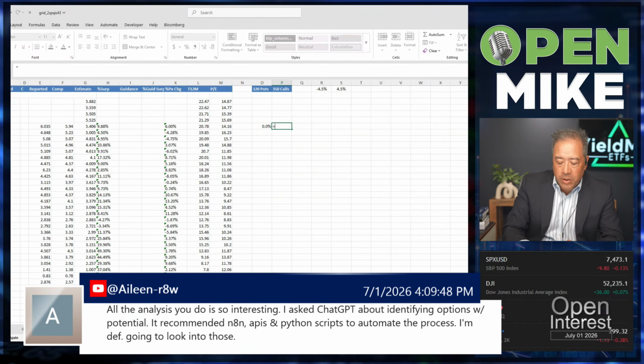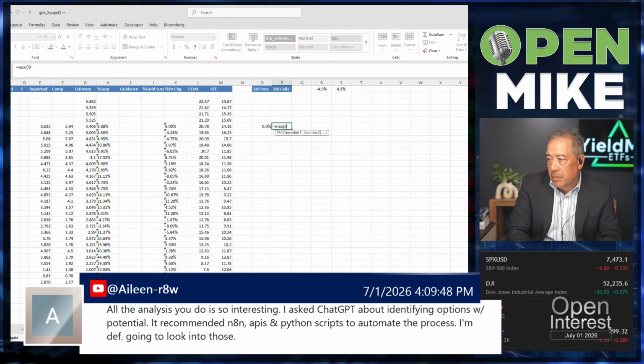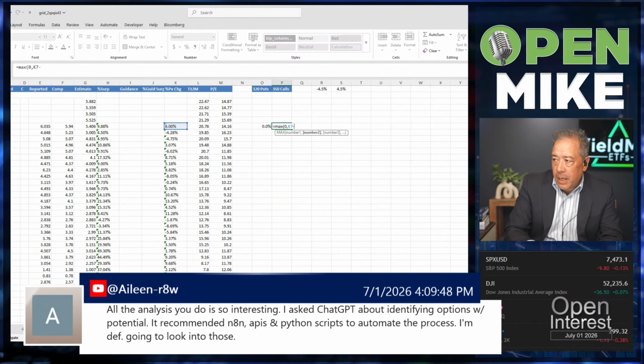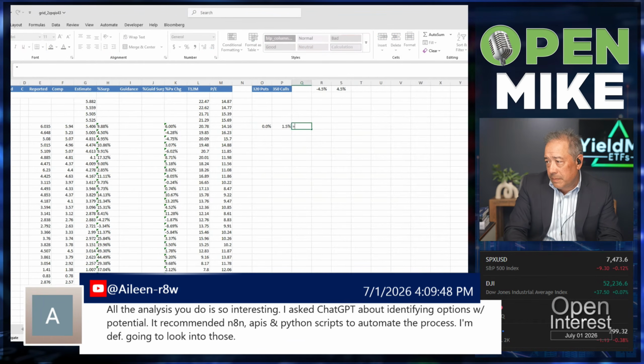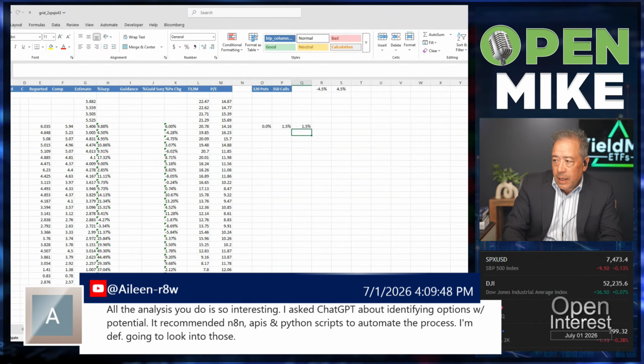And what's the call worth? The call is going to be worth the maximum of 0 or this number minus 1. Then we can just take the sum of this, and what do we have?